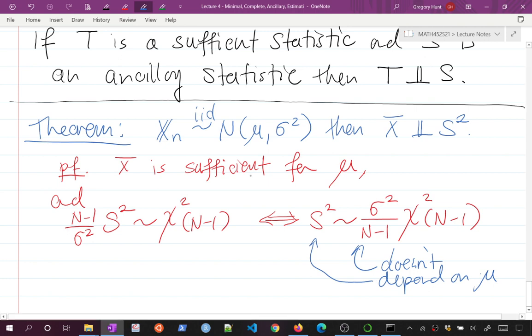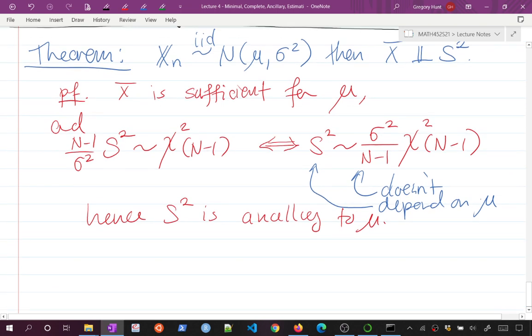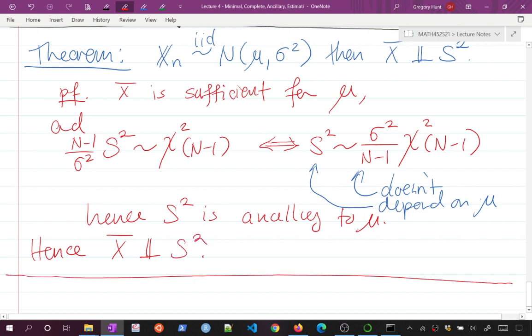So x bar is sufficient for mu, and my sample variance is ancillary to mu, QED.